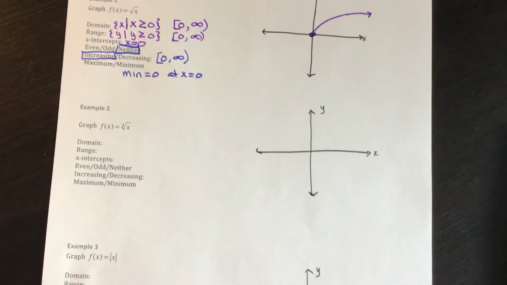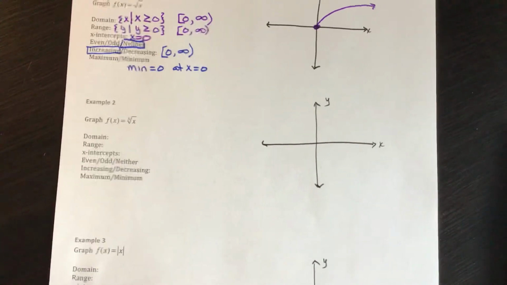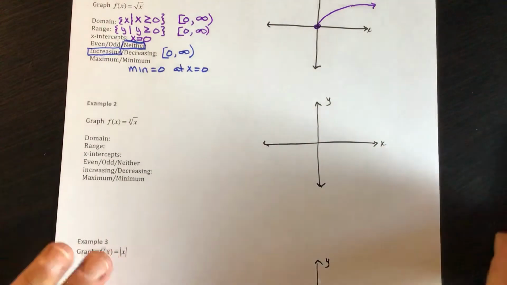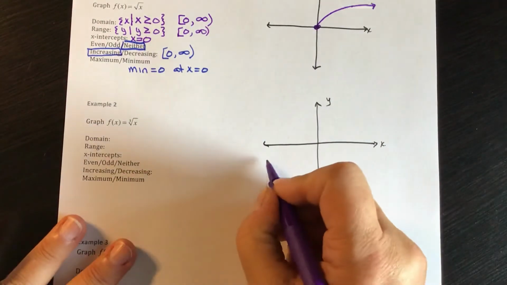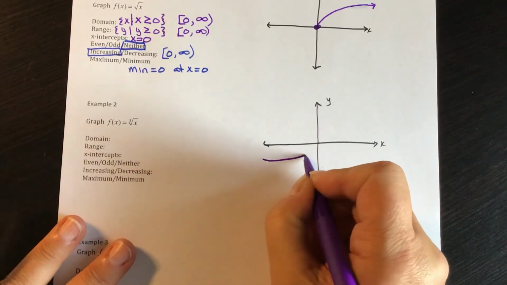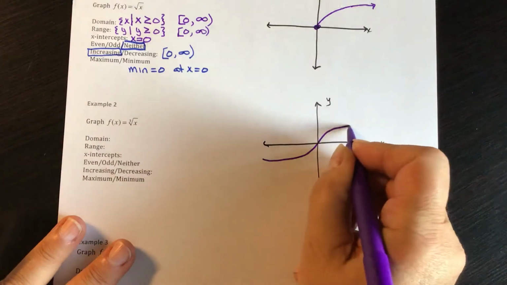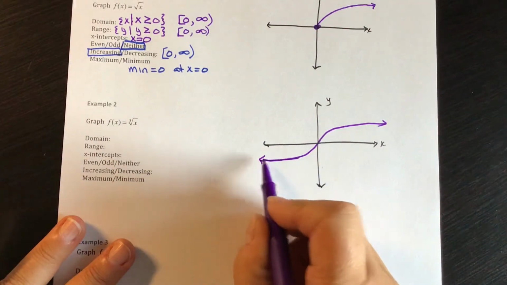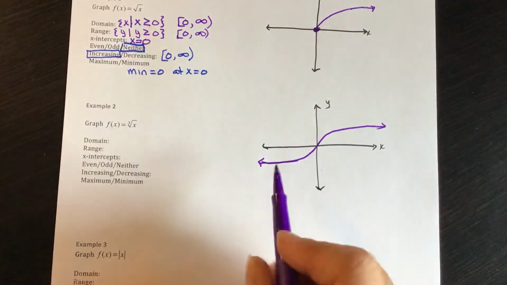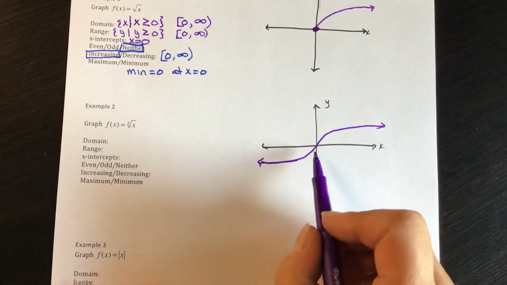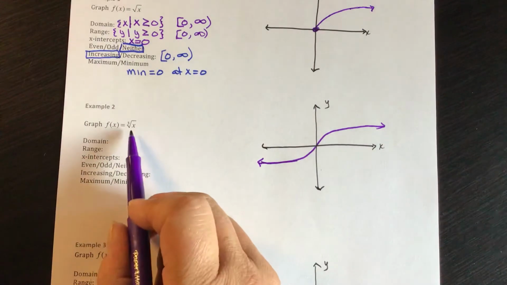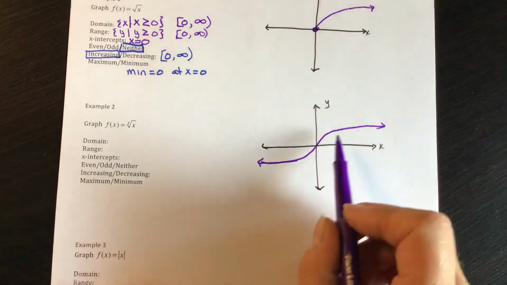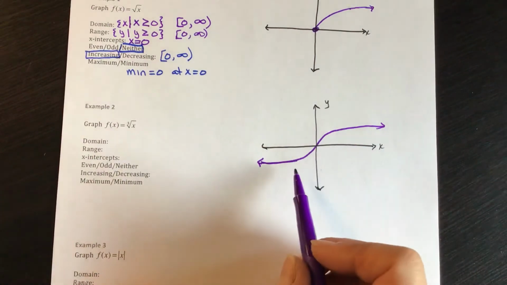All right, another example. This is the cube root of x. The graph for the cube root of x is going to look something like this. Here I've got negative numbers because we can do the cube root of a negative number, and we've got positive numbers.